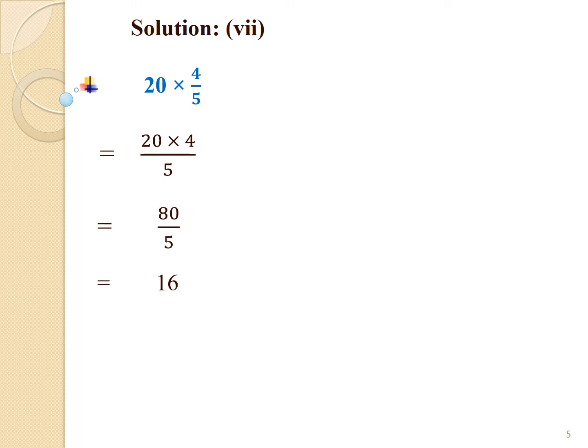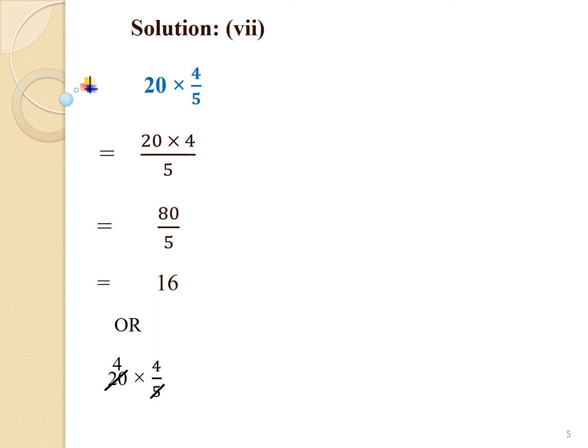Now let's solve 20 into 4 upon 5 by the second way. Cancelling the numbers 5 and 20. As 5 is a factor of both 5 and 20, we get 4, as 5 fours are 20.